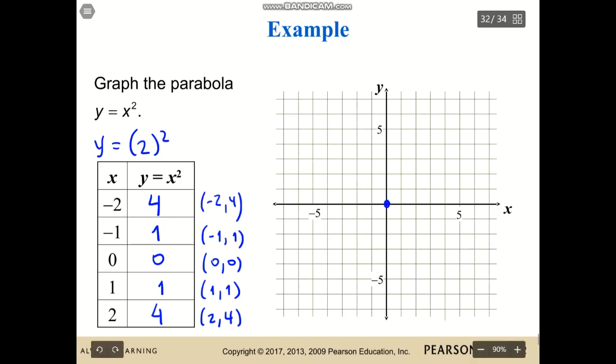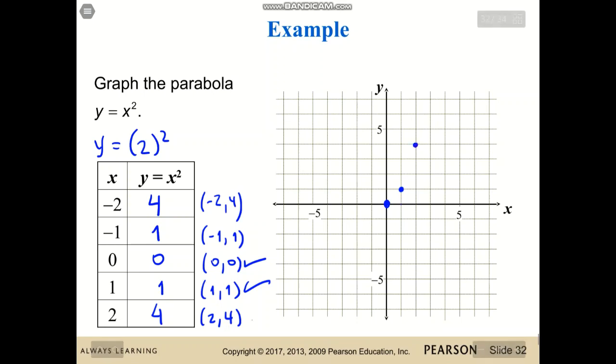Let's start with this one, the origin. 1 and 1. X equals 1, y equals 1. Next one, 2 and 4. X equals 2 and y equals 4.